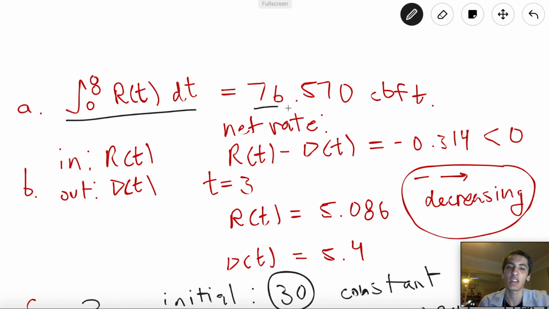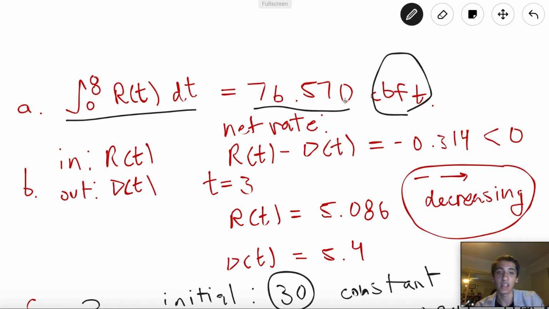You get 76.570. Make sure to keep your units there, cubic feet. You get to round to 3 decimal places, so make sure you do keep those figures there. And again, it's simply a plug and chug calculator problem in order to get the right answer.